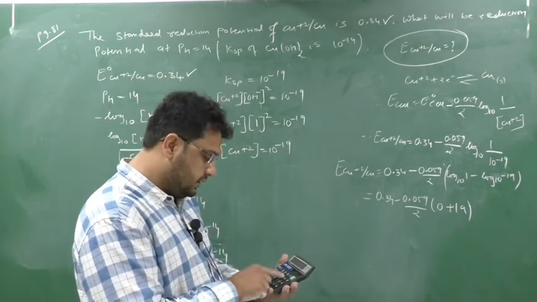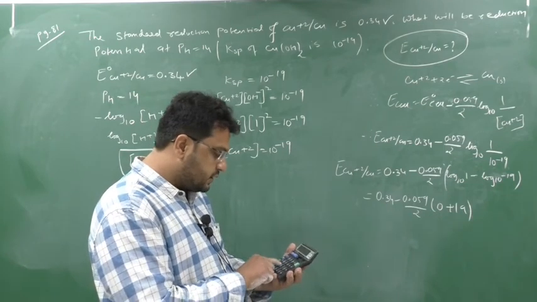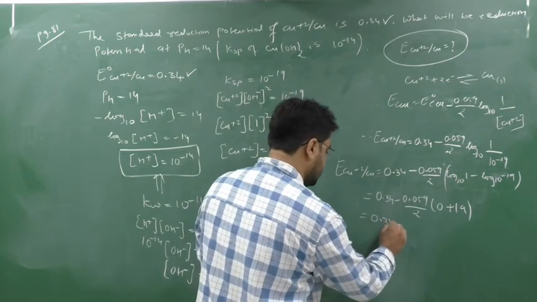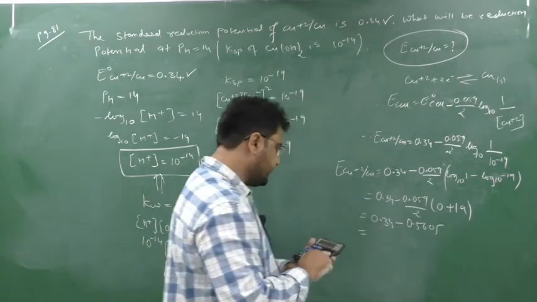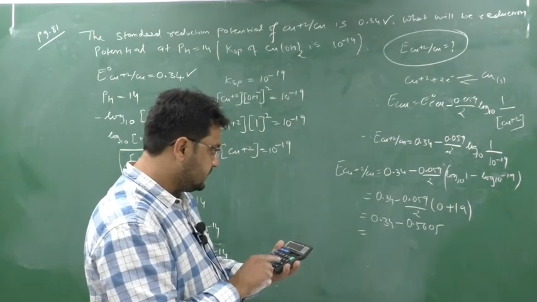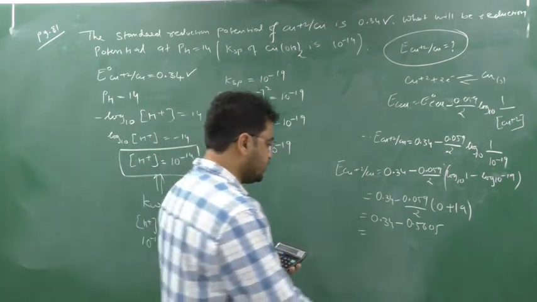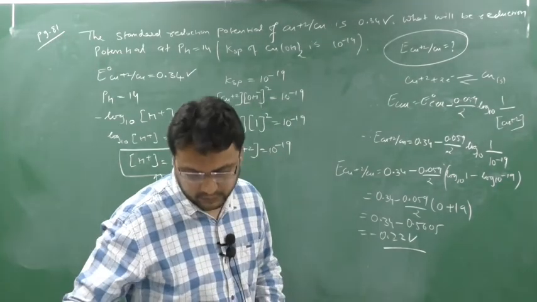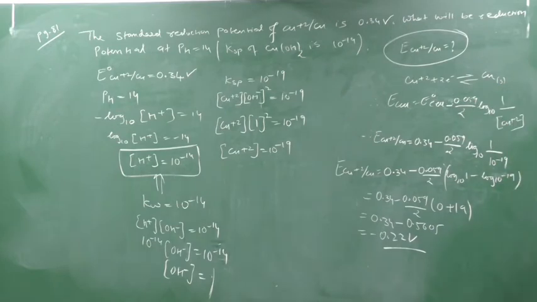So 19 into 0.059 divided by 2. So 0.34 minus 0.5605, which is minus 0.22 volt. Yes, this is the answer. Minus 0.22 volt.